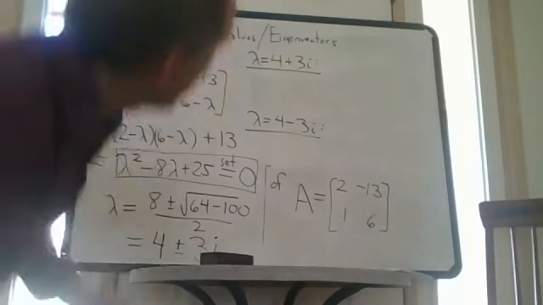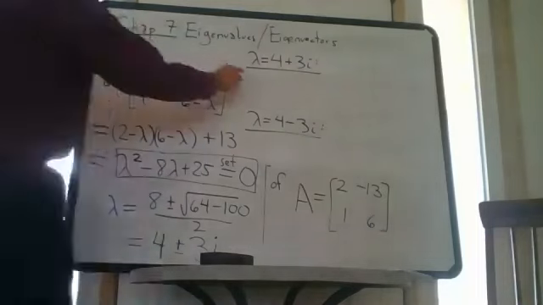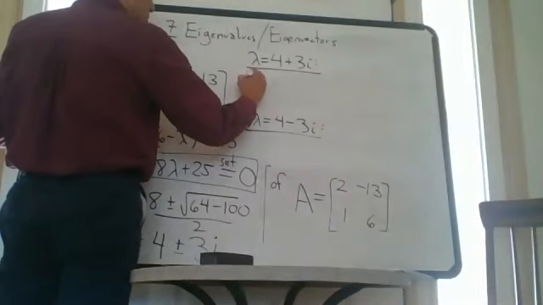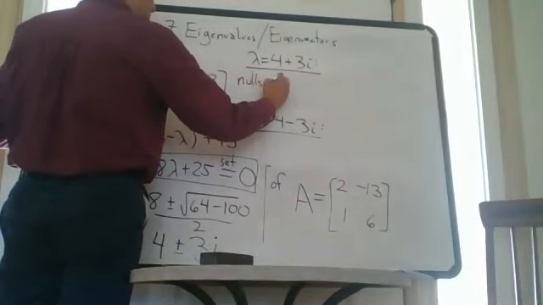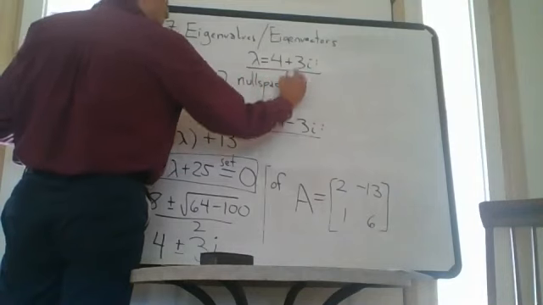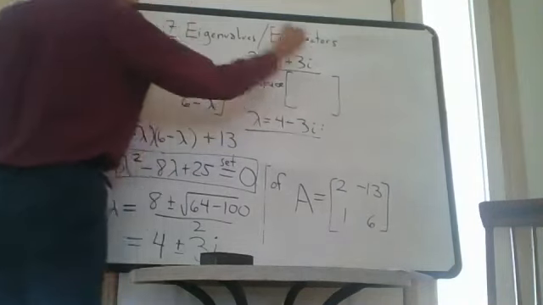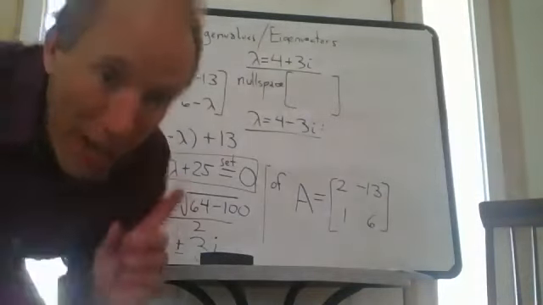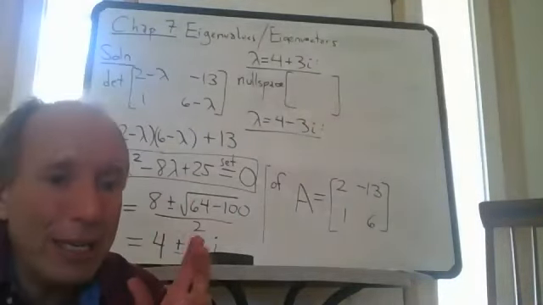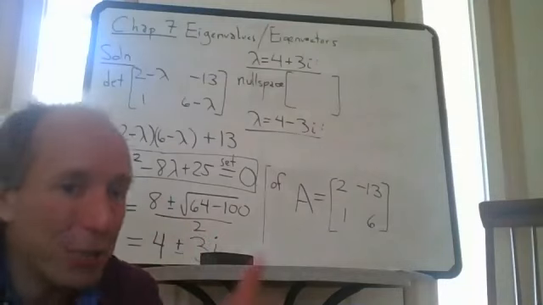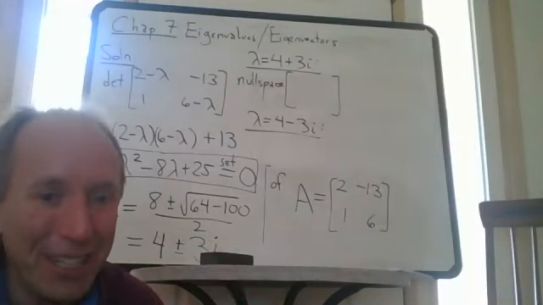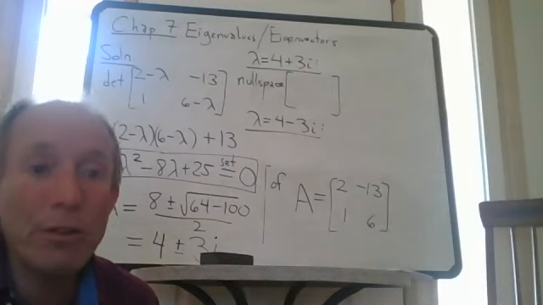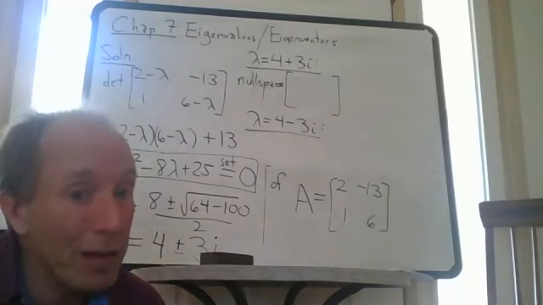Okay, so let's take a look at the first one up here. Let's do the null space of this first eigenvalue. I have to subtract. Now be careful with this. We now have complex numbers involved. That's why I'm doing this example, if you haven't figured that out by now. I wanted to show you complex numbers because they do come up.